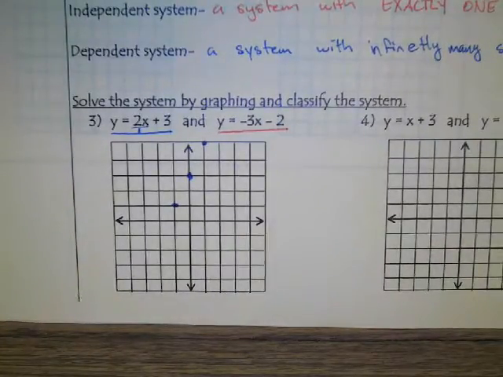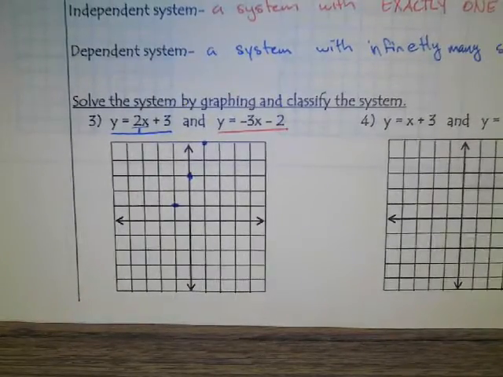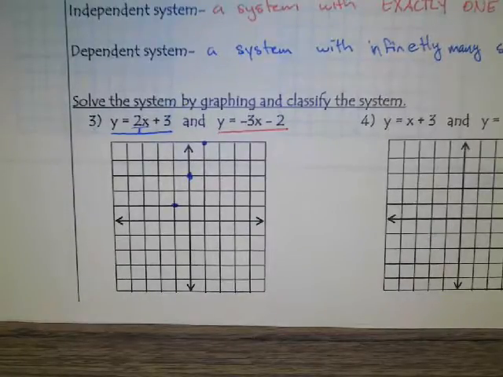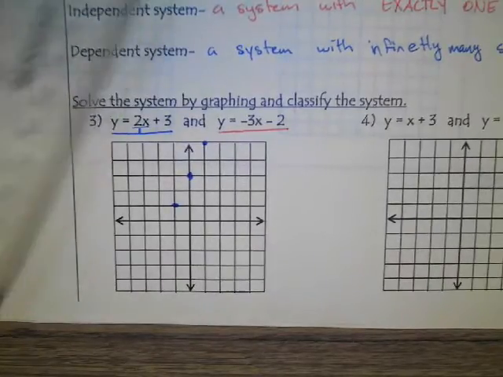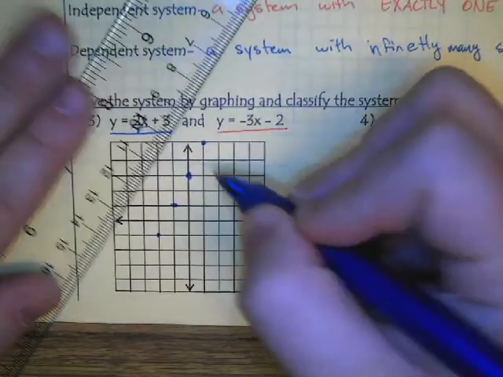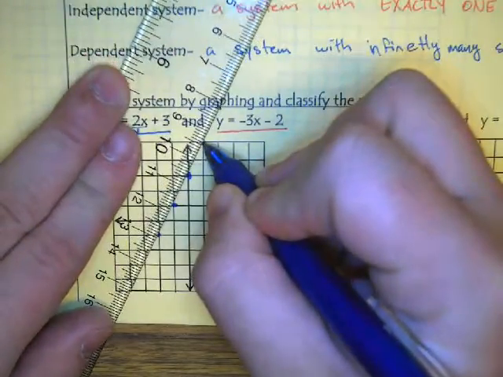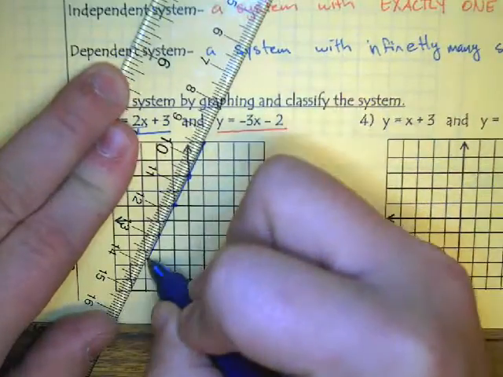We'll want to make sure that we're very accurate when we're connecting the dots, because it's important that we draw our lines very nice and neat so that we can see exactly where they cross. So I can go down 2 and over 1, connecting my dots, like so.